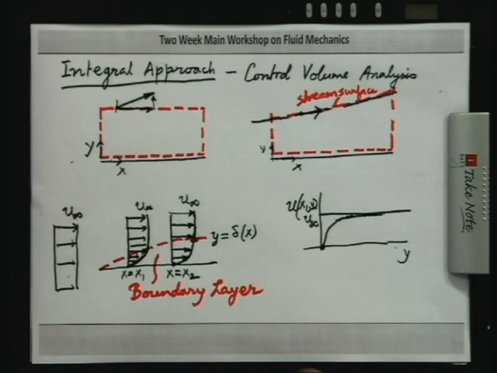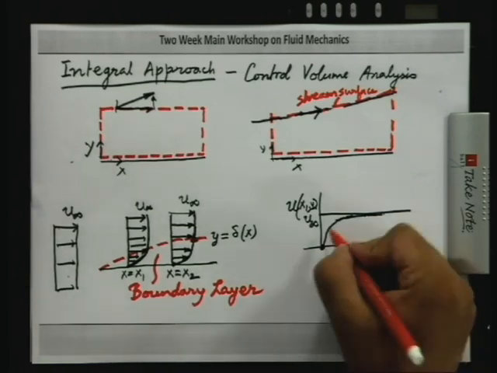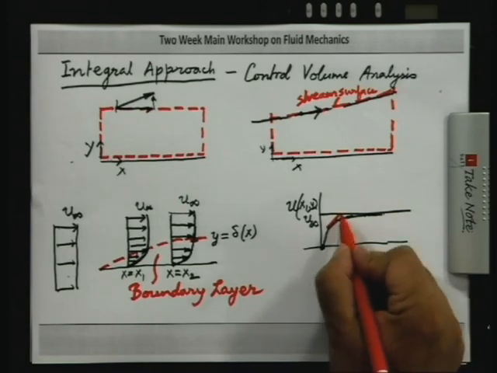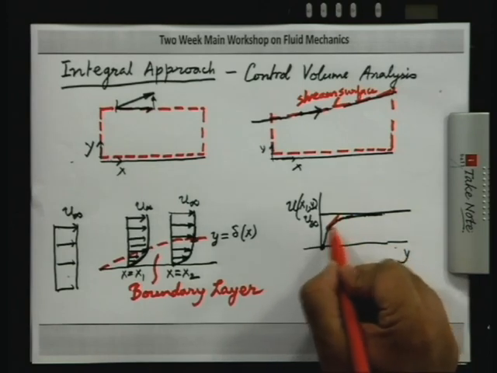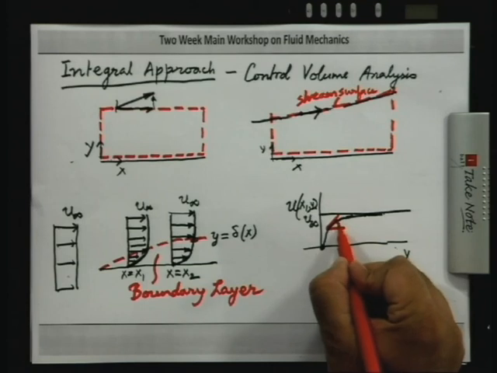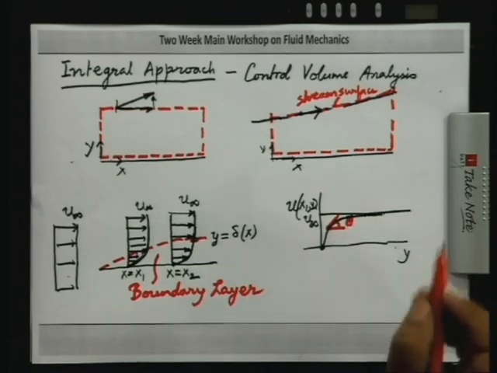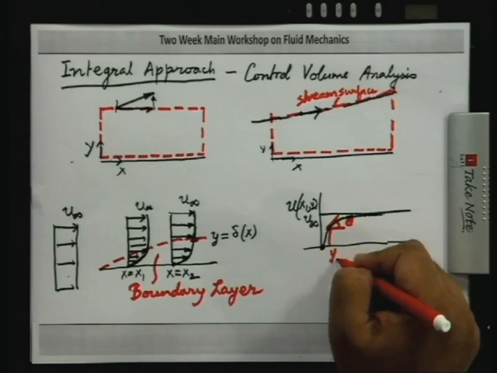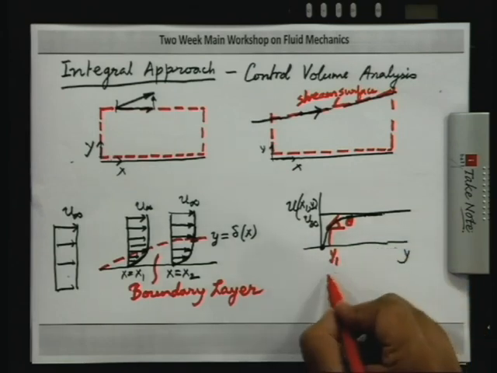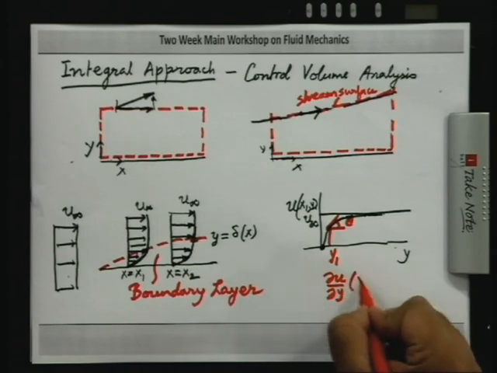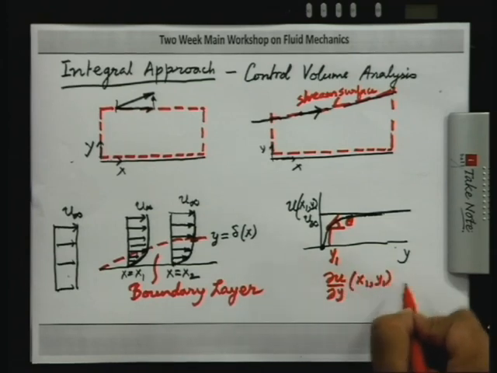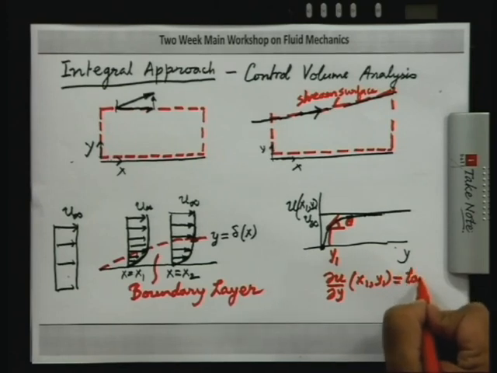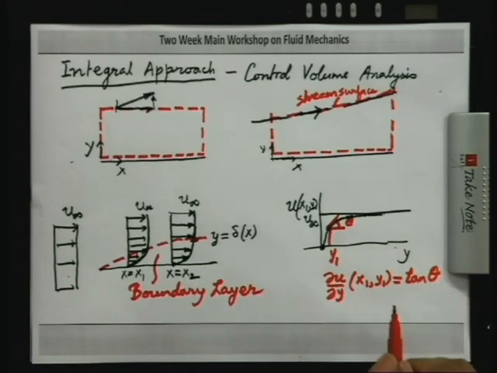Now, the reason I am doing it this way is that if I want del u del y at this point, then you will draw the tangent to this curve, and if I say the angle which the tangent makes with the horizontal is theta, then at this particular point, which is y equal to some y1, del u del y at x1, y1 is tan of this angle theta from the horizontal.